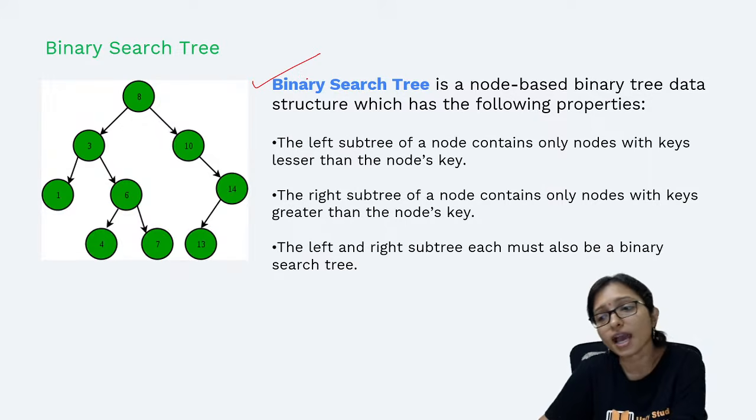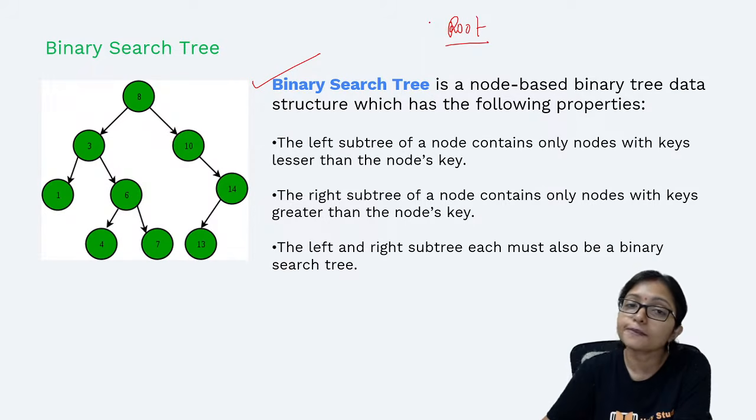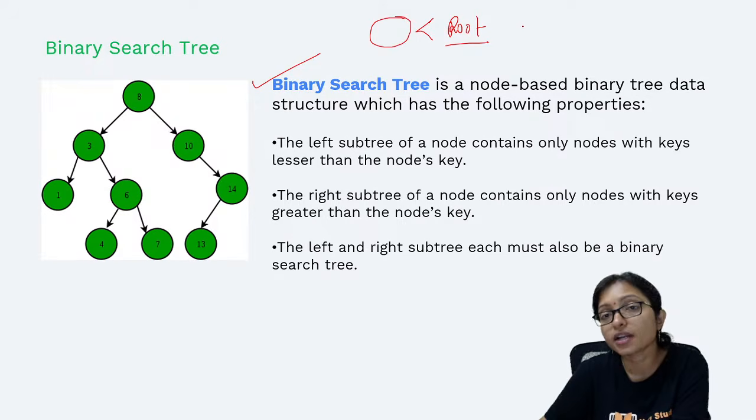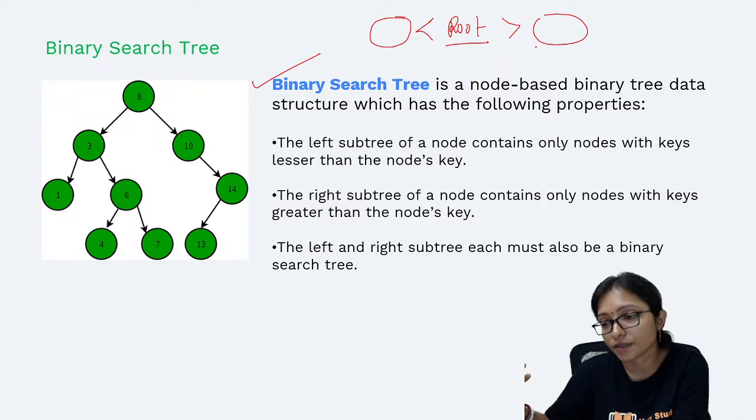Normal binary tree and binary search tree, what is the difference? The difference is that the root will be in the middle. All the less-than children will be in the left part, all the greater-than children will be in the right part. From here questions are coming, you need to create a binary search tree.